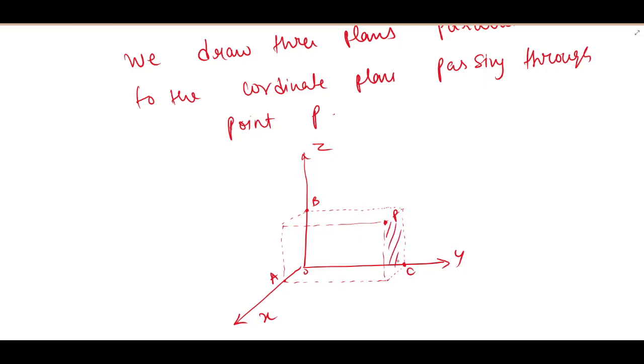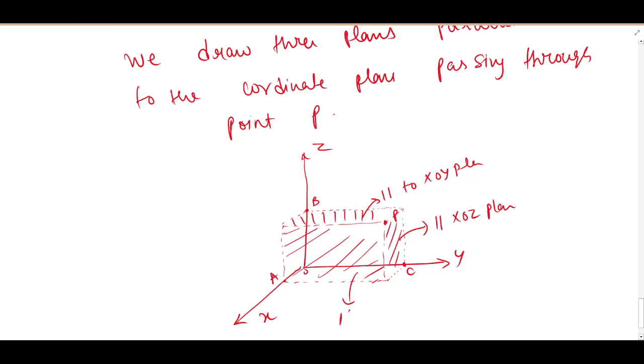So this plane is parallel to the XOZ plane, and this plane is parallel to the XOY plane, and last this plane is parallel to the YOZ plane, and the intersecting points are the coordinates of point P. So this distance is x, OC is y, and OB is z.